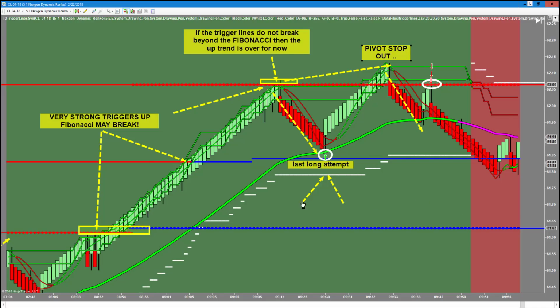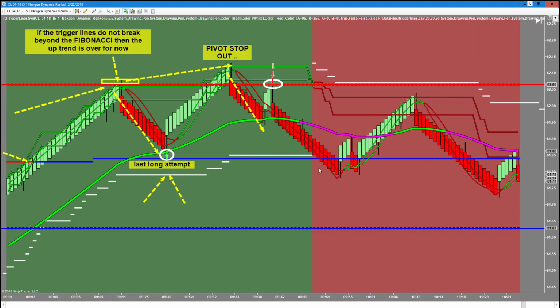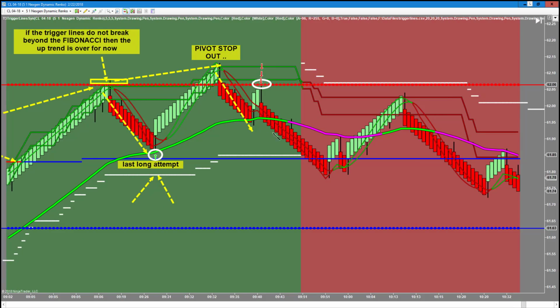And then as we scroll forward, you'll start to see, obviously, the market trades down into support. And you'll see that, even though we're at support, the trigger lines physically got below the support, which is very important.